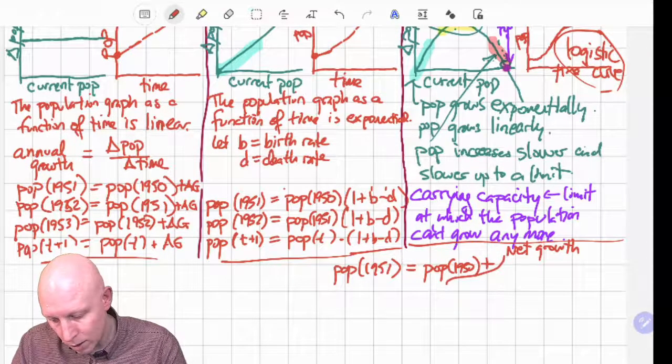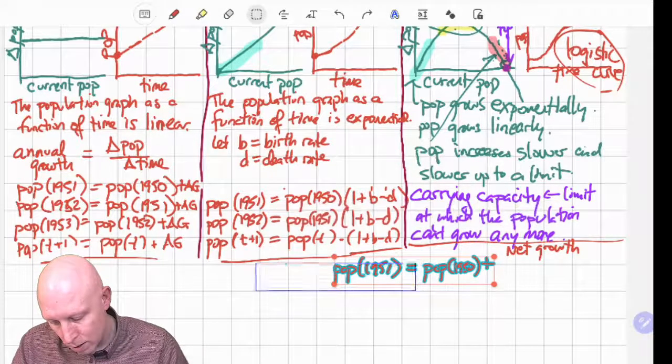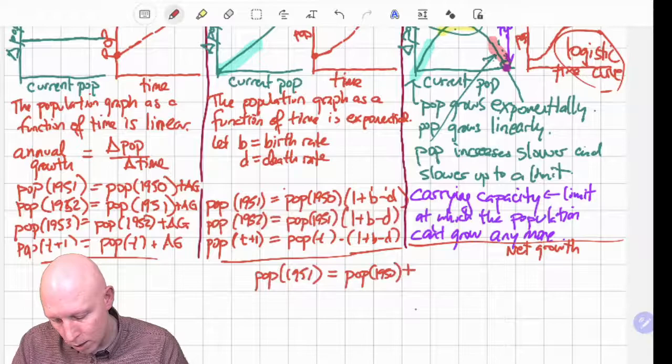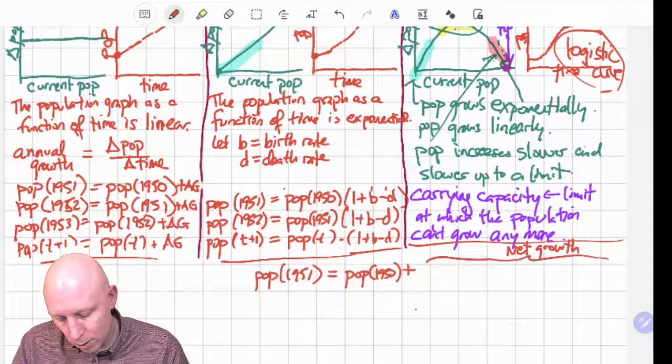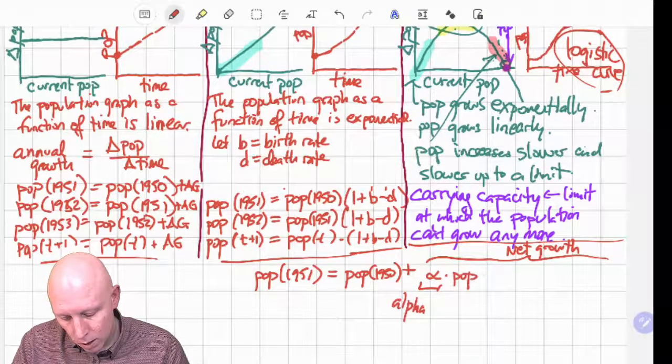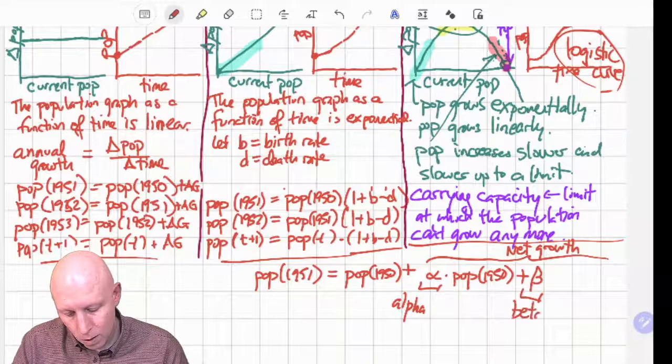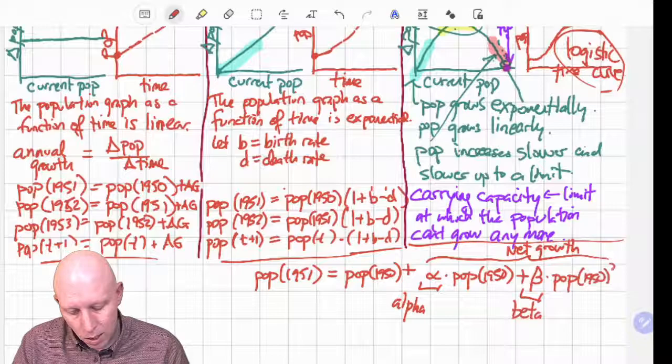So I'm going to make a little bit more space for us here. So the population in 1951 is population 1950 plus the net growth, which we said is some constant alpha times the population at 1950 plus some constant, here this is beta, times the population at 1950 squared.